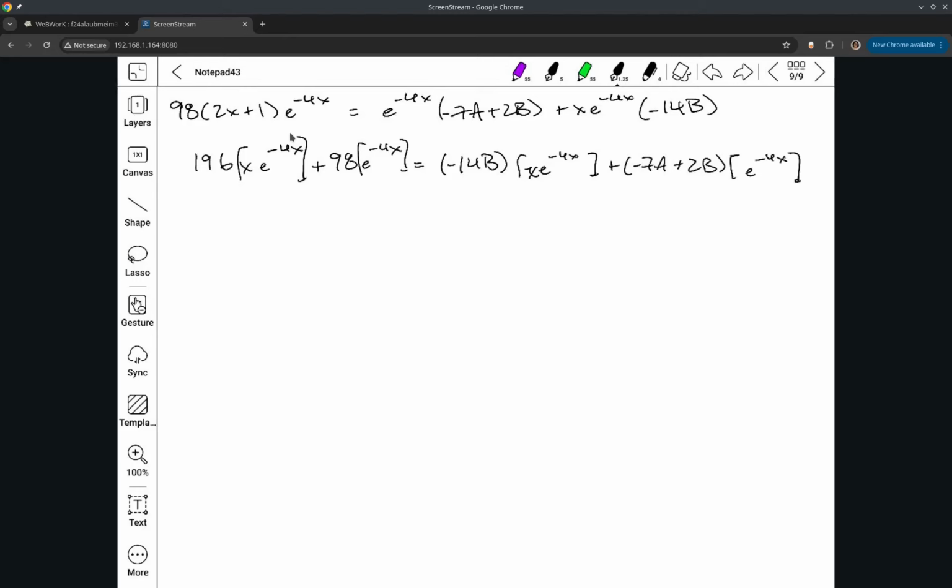So then, setting like terms equal on both sides, I'm going to have the two equations that 196 should be equal to minus 14b, okay, and 98 should be equal to minus 7a plus 2b.